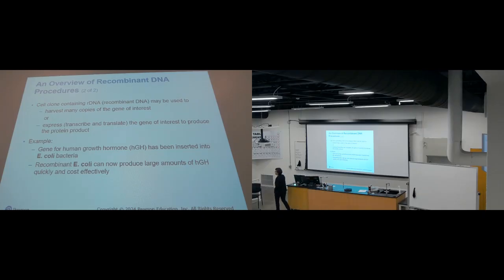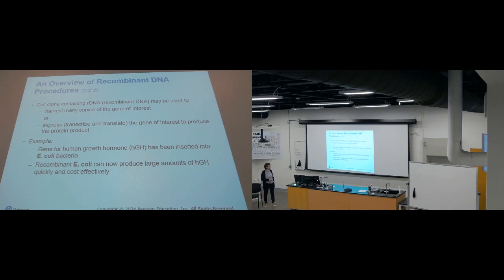An example would be human growth hormone, or HGH, that was inserted into E. coli. Another example would be the insulin gene that was inserted into E. coli. So with these genes inserted into E. coli, as these vectors were multiplying inside E. coli, you do recombination, and then you produce this HGH or insulin.